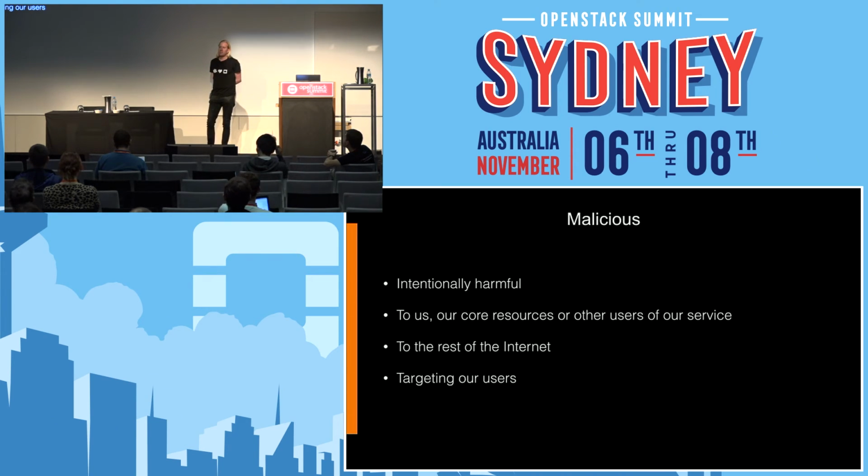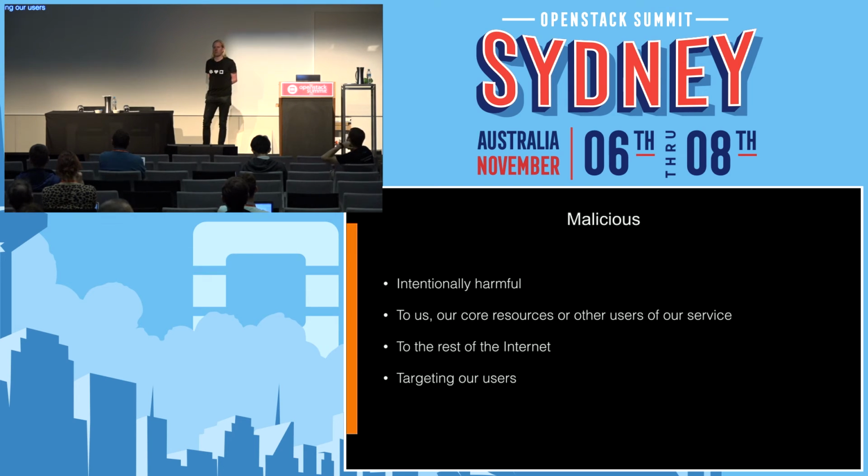How do you define malicious use? Intentionally harmful is a good way and basically the definition of the word. Also, you might have some kind of usage that you don't want your service to be used for.